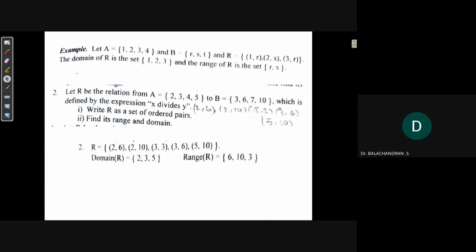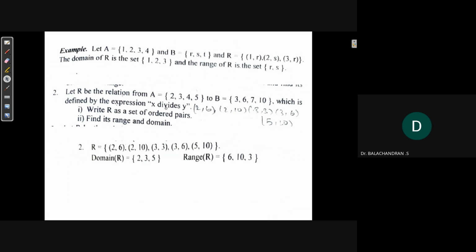Similarly, suppose R is a relation from A to B, defined by the expression X divides Y. First question, write R as a set of ordered pairs. Second question, find its range and domain.